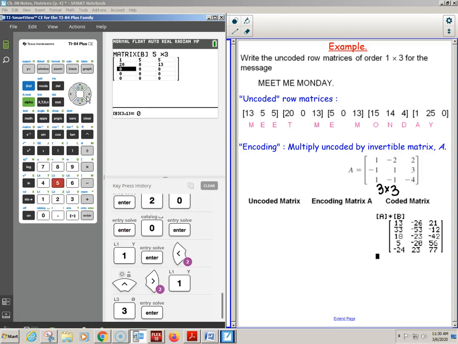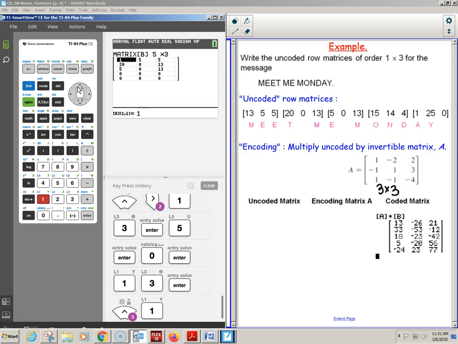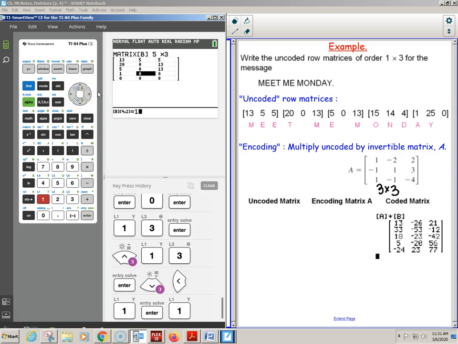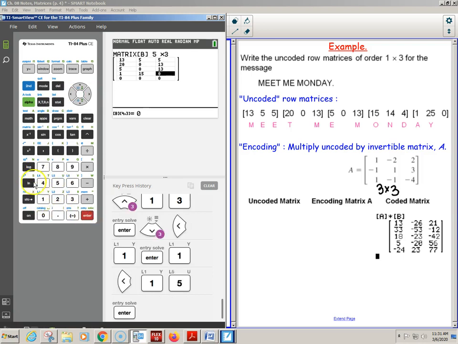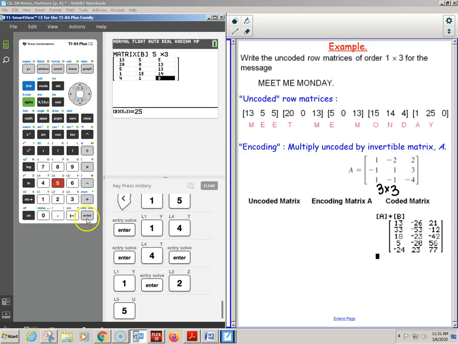There we go. Oh. Doesn't like my 13 for some reason. We try to go fast and it doesn't like the buttons. 15, 14, 4, 1, 25, 0.